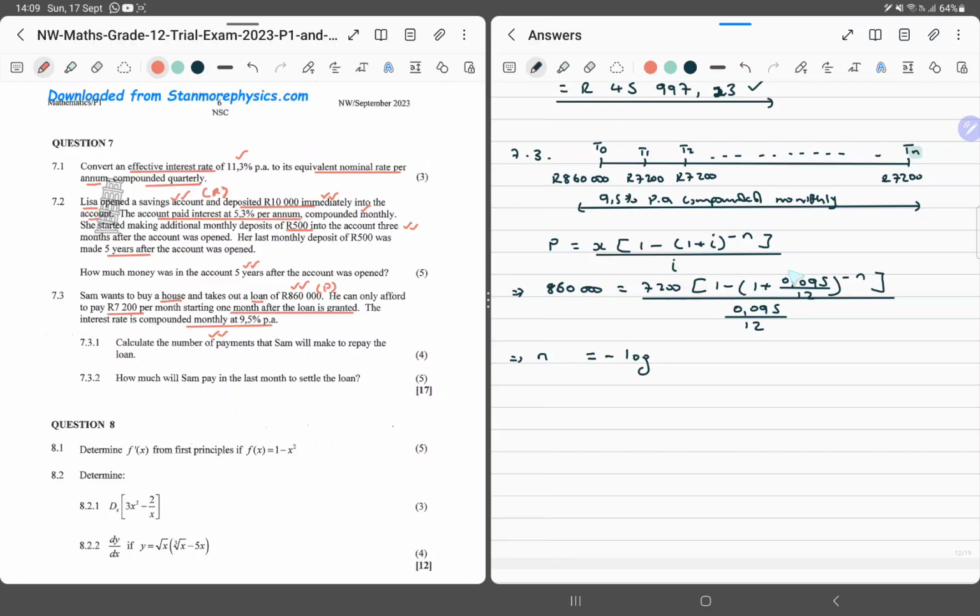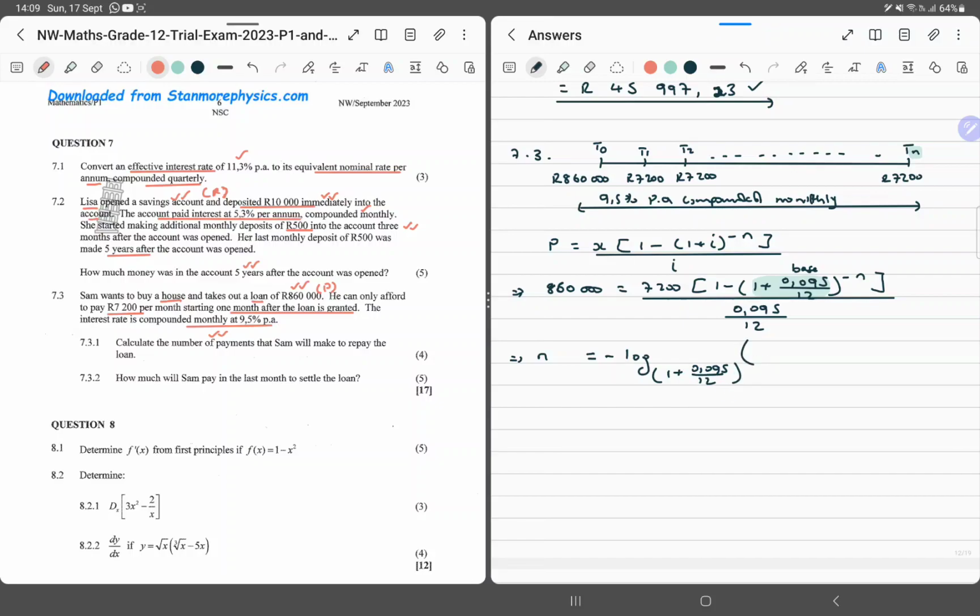The base is going to be this expression right here. This expression becomes the base. Of course, if you have not been practicing, you won't know. So this is what would be the base of our log. So this is going to be 1 plus 0,095 over 12.